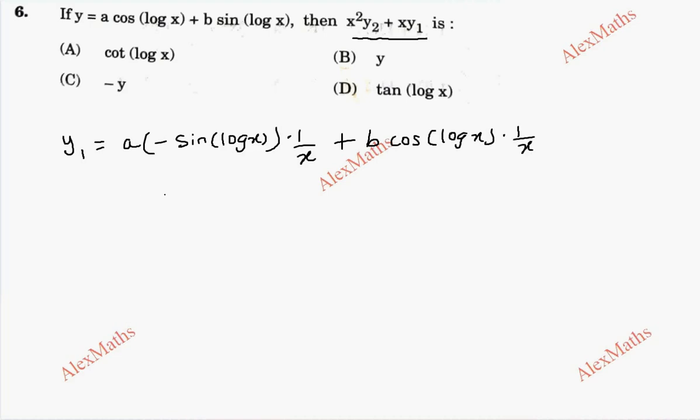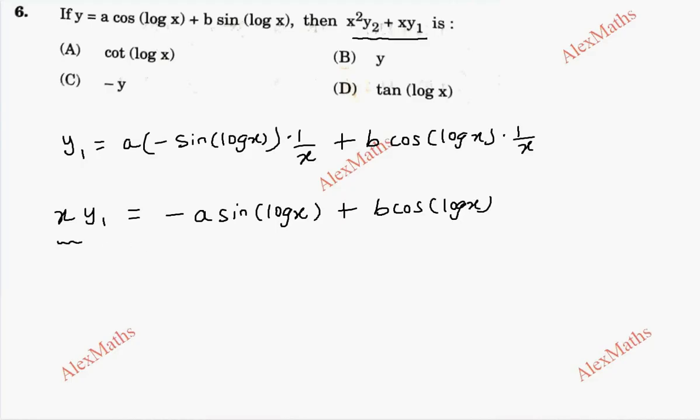We take 1 by x common and we carry it to the other side, so it is y dash into x, and this is minus a sin of log x plus b cos of log x.